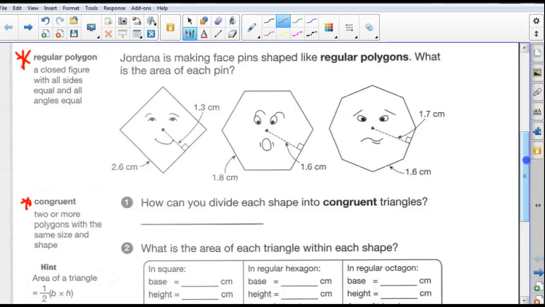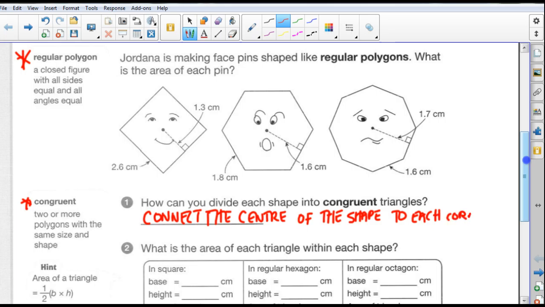To divide into congruent triangles, all you do is just connect the center of the shape to each corner, with a ruler and a pencil.